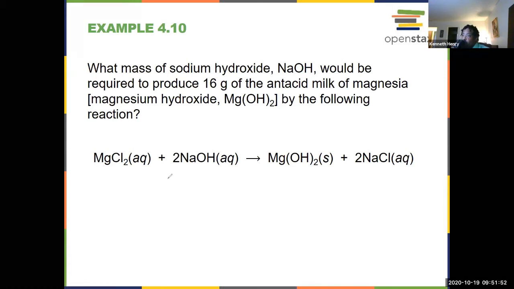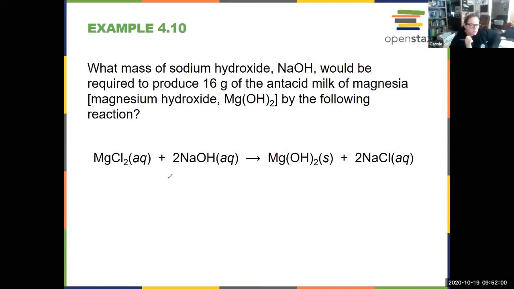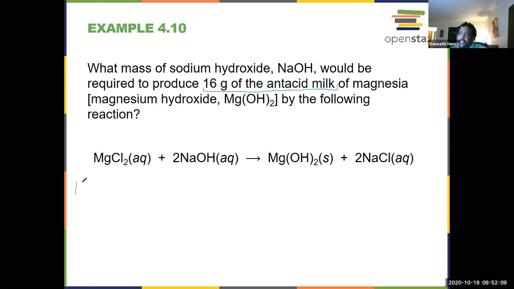Okay, so what's my given? 16 grams of milk of mag. Okay, so I have 16 grams of Mg(OH)2.